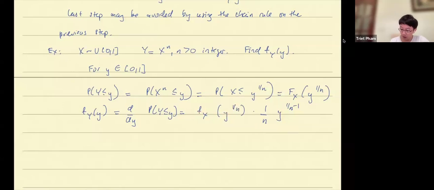So the final answer is 1 over n y to the (1 minus n) over n. Am I right? Hold on, it's 1 over n minus 1, so 1 minus n over n, right? Or yeah, it's just that. So this is if y is between 0 and 1, 0 otherwise. Why? It comes from the support analysis. Any questions?